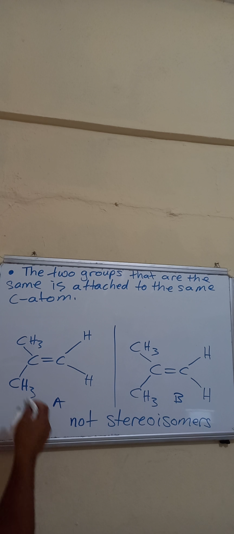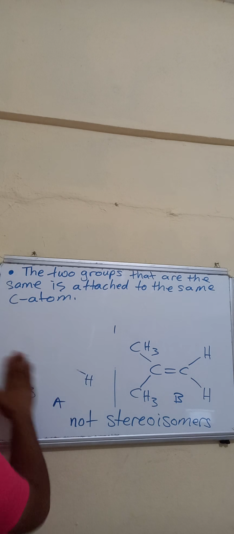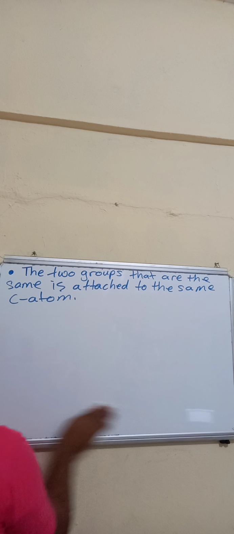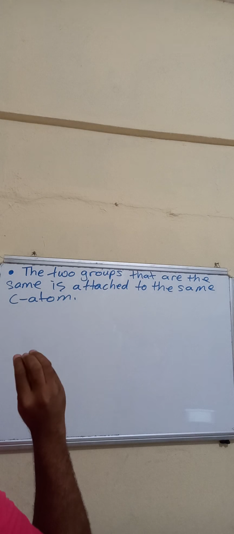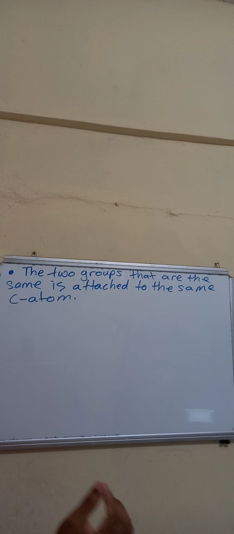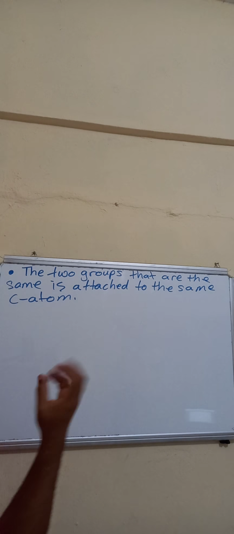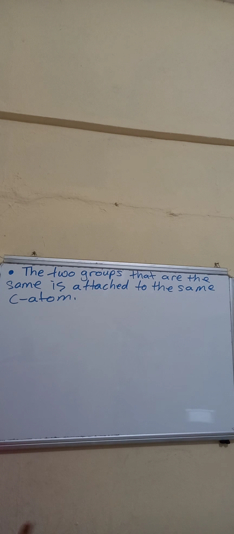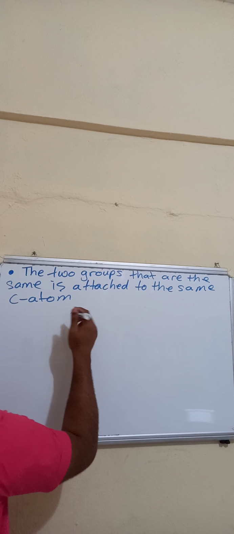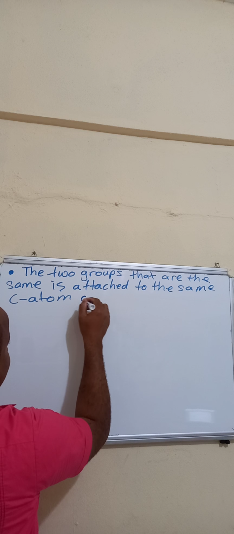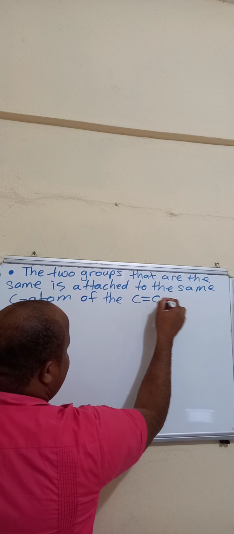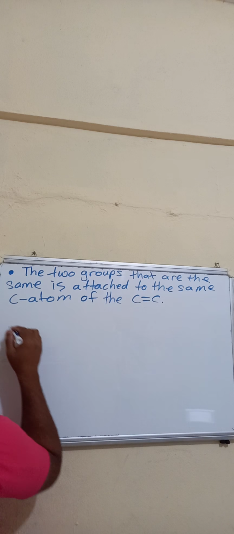Alright, so the next reason, the two groups that are the same are attached to the same carbons. So the two methyl groups and the two hydrogens are on the same carbon atom of the carbon to carbon double bond.